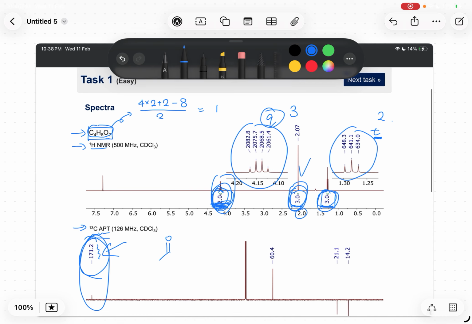So we know that these 2 are split by each other. So this is an ethyl group with no oxygen in between. So we can just draw in the ester group, and then we can draw our ethyl group.